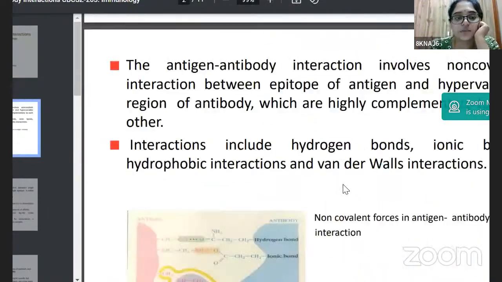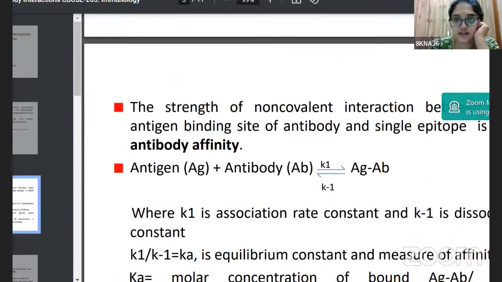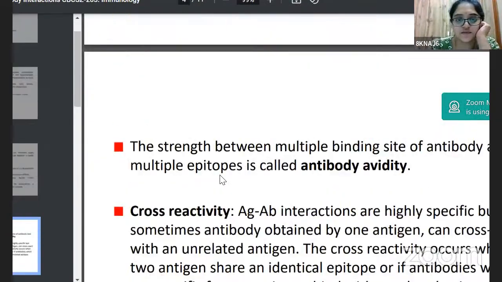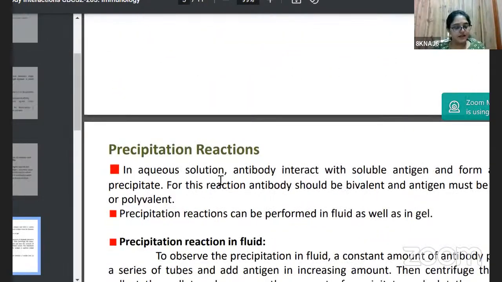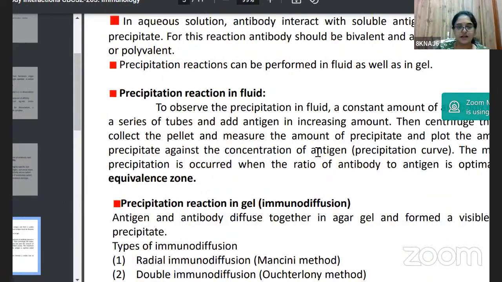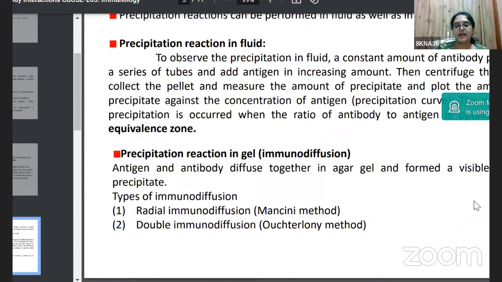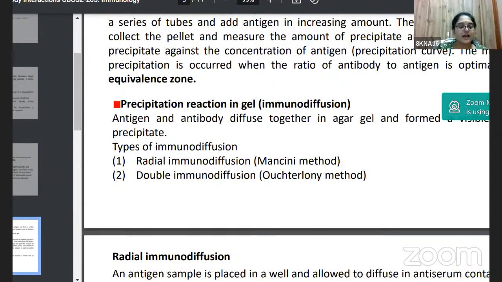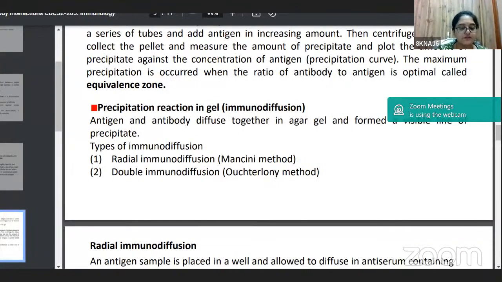So in antigen antibody interactions, they combine specifically together to form either precipitation reactions or agglutination reactions. If they occur in vitro, they are known as serological reactions.